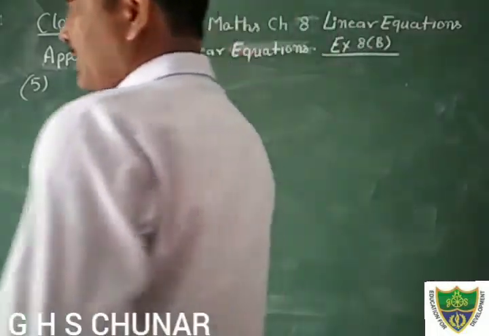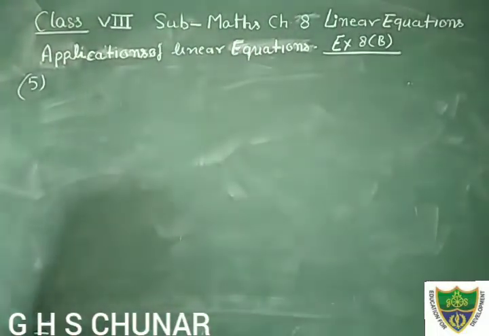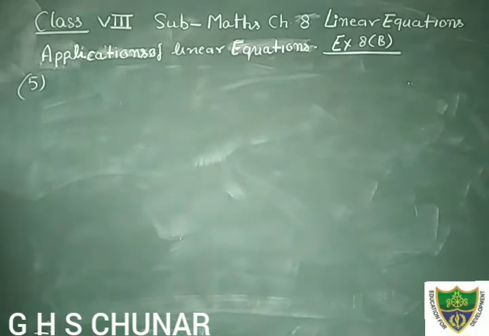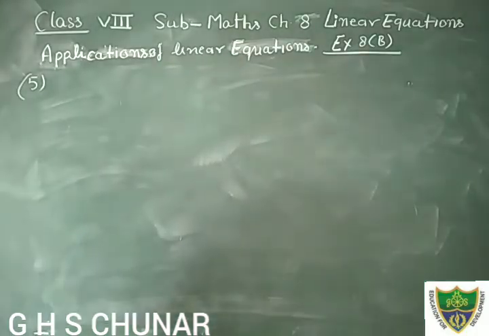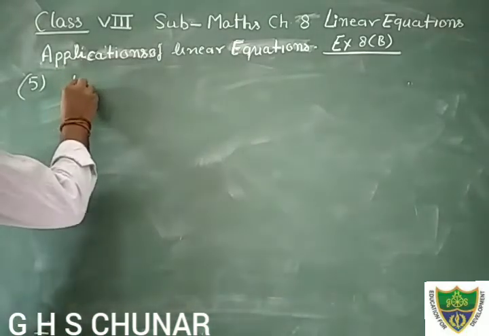Whose fifth part increased by 5 is equal to fourth part diminished by 5. Find the number.